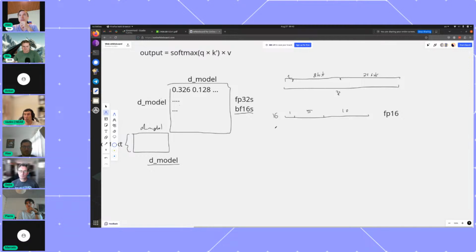And the problem is that quite a few values that you would actually encounter during training would not fit into the range of FP16. So what people do instead is they use a different data type called BF16. It would be 8 bits of exponent, 7 bits of mantissa.